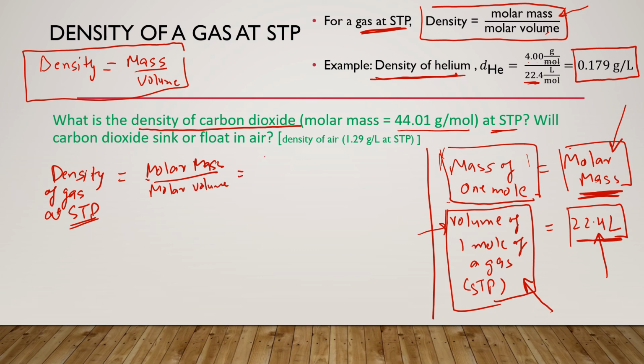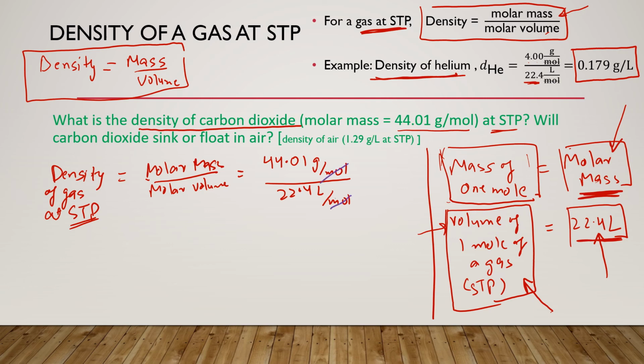Molar mass is given to us, this is 44.01 grams per mole, and the molar volume we know is 22.4 liters per mole.